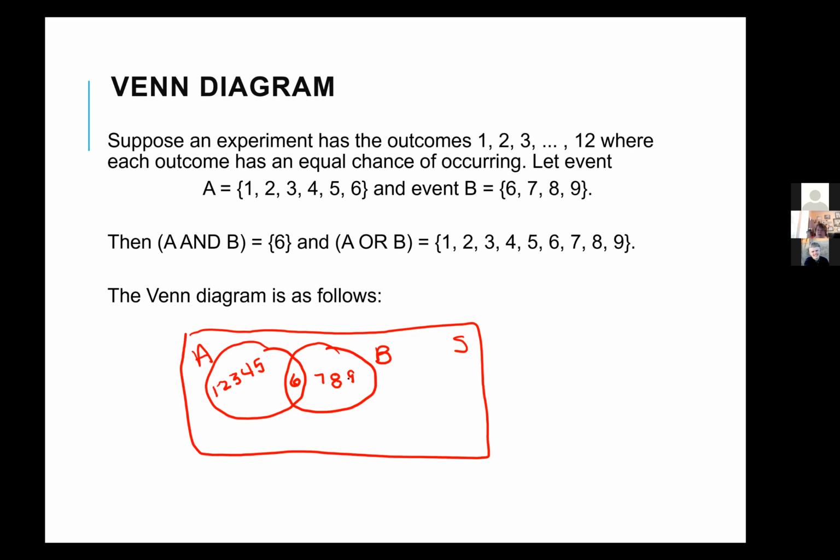But we do have outcomes that are not in event A or in event B, and that would be outcomes 10, 11, and 12. So that is in the sample space, but it's not in event A or B. So now the entire sample space, if we look at all the numbers, are 1, 2, 3, 4, 5, 6, 7, 8, 9, 10, 11, 12, the entire sample space.